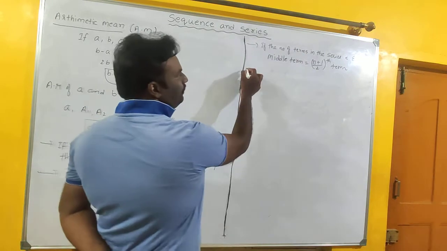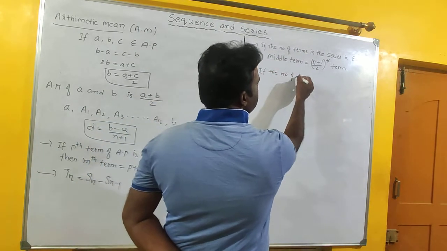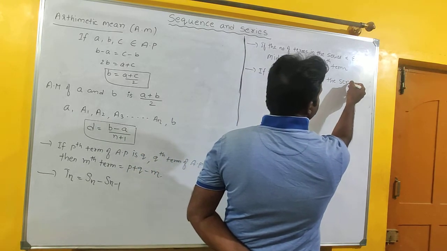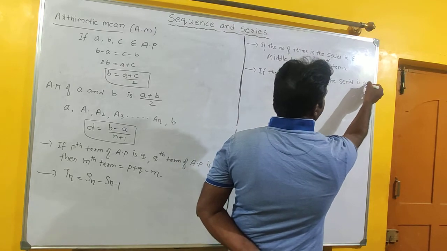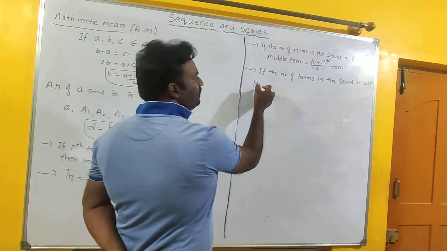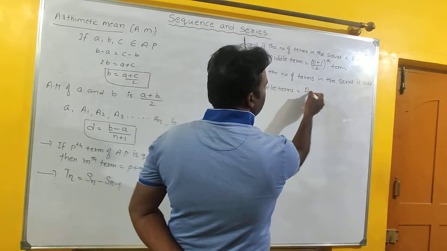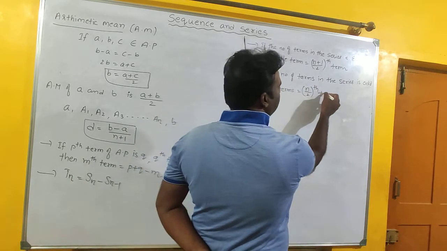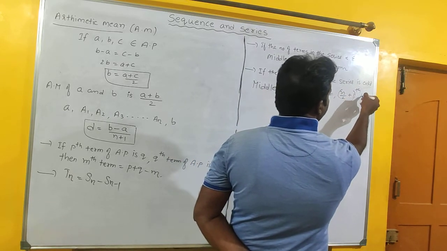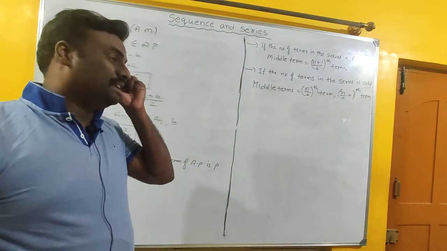For example, if the number of terms in the series is n, then we have two middle terms: the n by 2th term and the n by 2 plus 1 term. Okay, so we will get two middle terms.